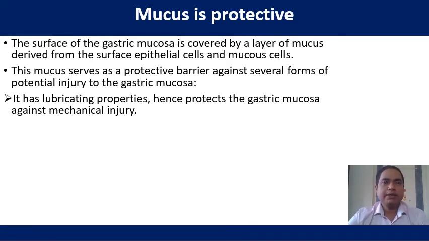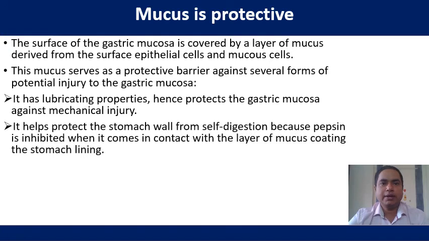The mucus also helps protect the stomach wall from self-digestion because the pepsin is inhibited when it comes in contact with the mucus layer that coats the stomach lining.